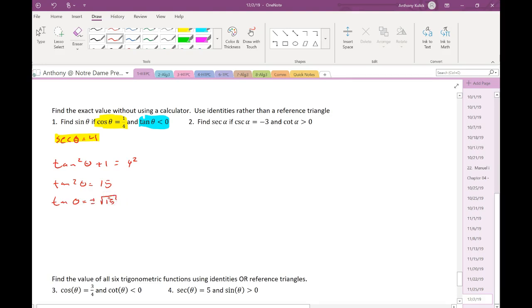And since tangent theta is negative, I know that it's just negative square root 15. 3 down, 3 to go. What do I get immediately from this? Cotangent. What's cotangent have to be?